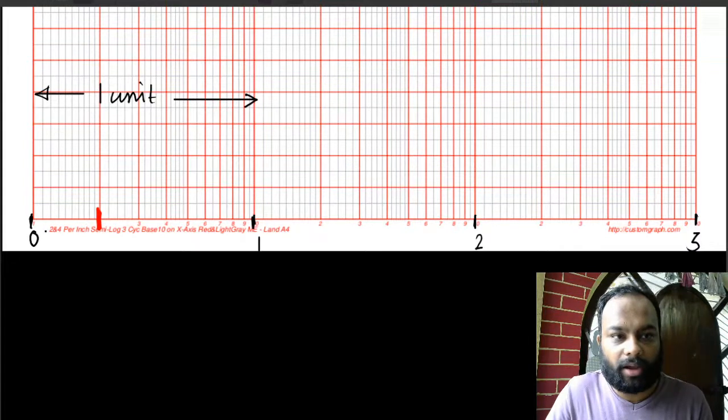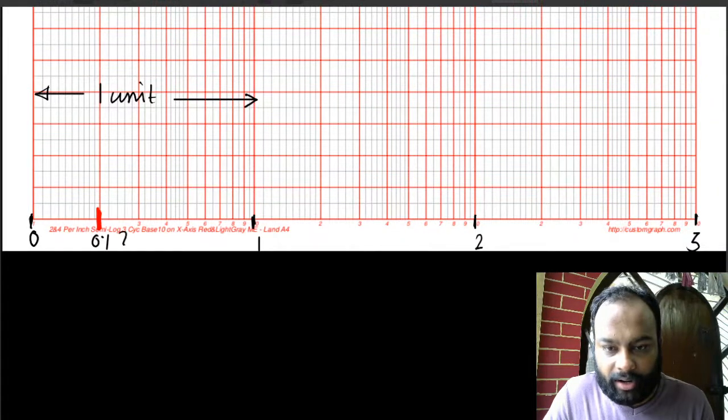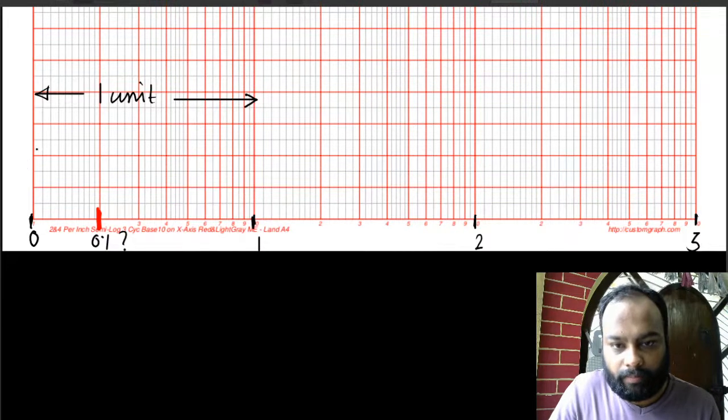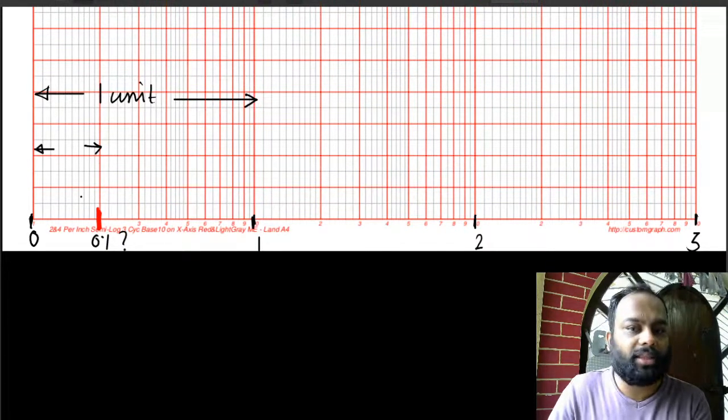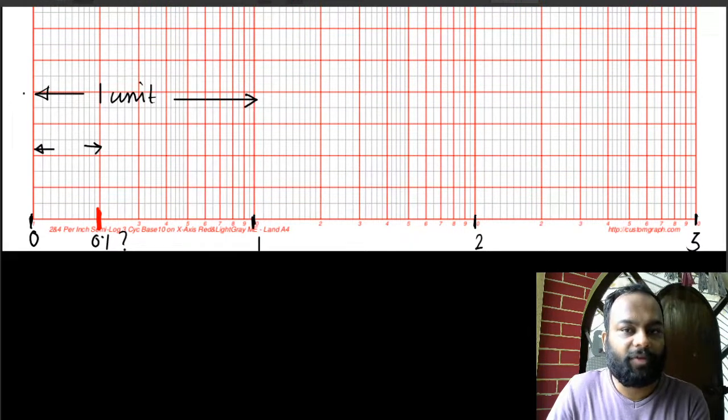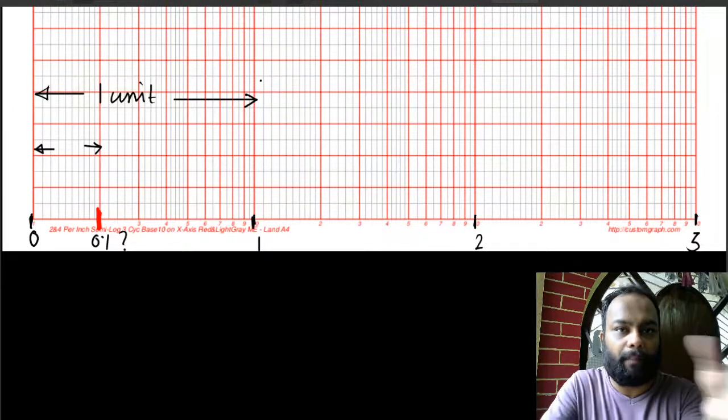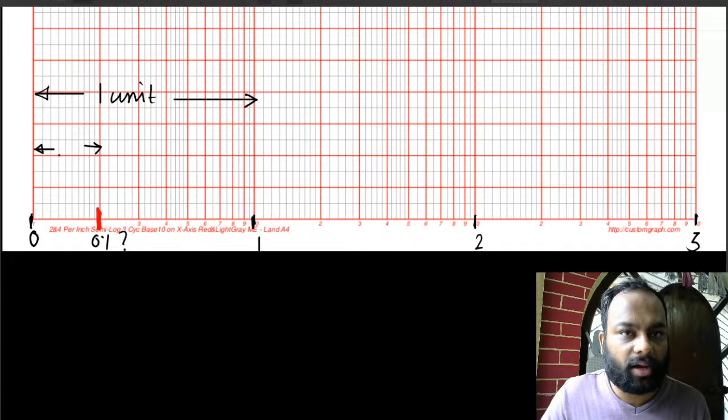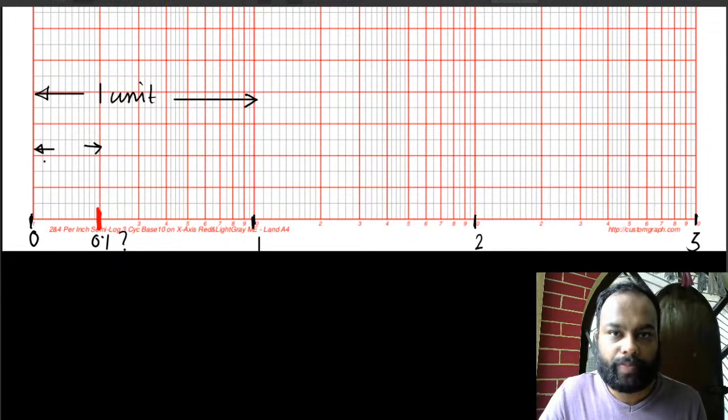If this is 1 unit, does this look like 0.1? Does this distance look like 1/10 of this entire thing? If you divide this into 10 equal parts, would this look like one of those?